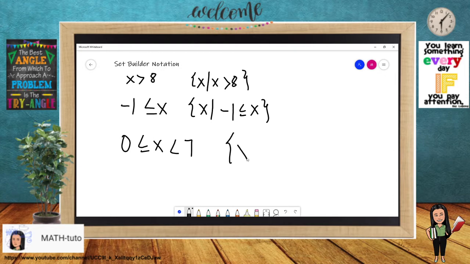So, set builder form, set of all x such that yan lang. Kopyahin na din natin yung pinaka inequality. So, x is greater than or equal to 0 but is less than 7. So, that's how we write a solution set for inequality in set builder notation.